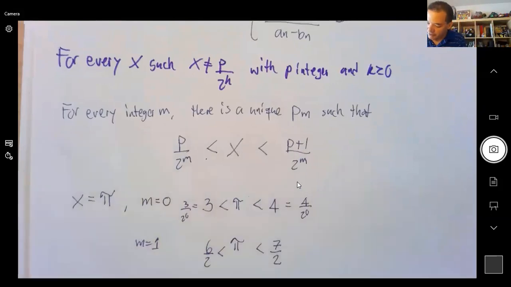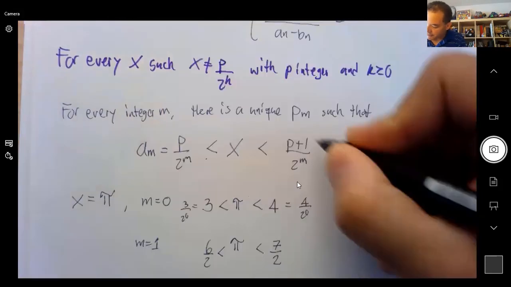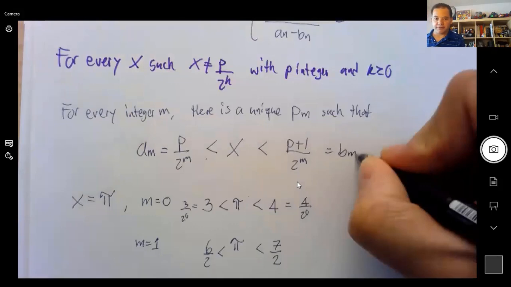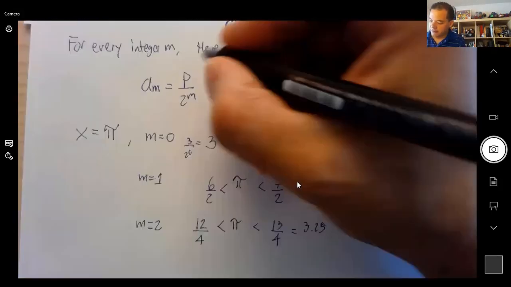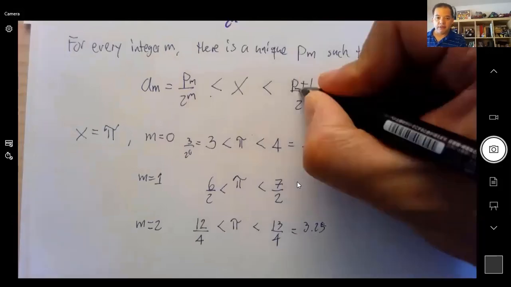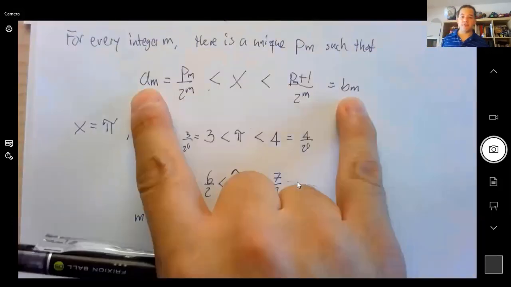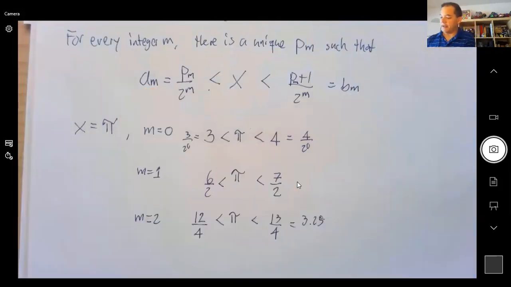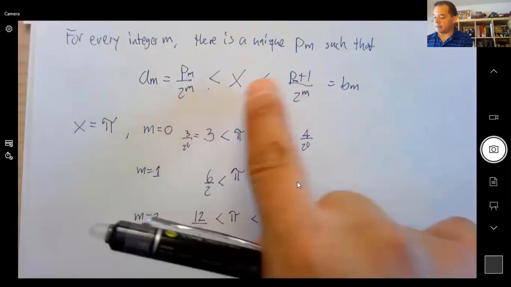So this is going to be our sequence AM, and this is going to be our sequence BM, right? And so it satisfies the hypothesis of the lemma we just proved, right? The AM is less than X, and the X is less than BM.